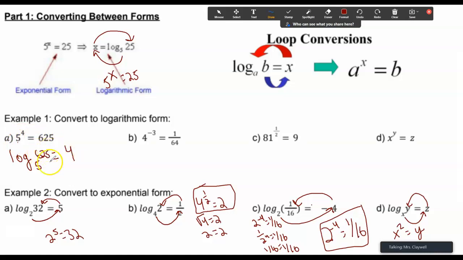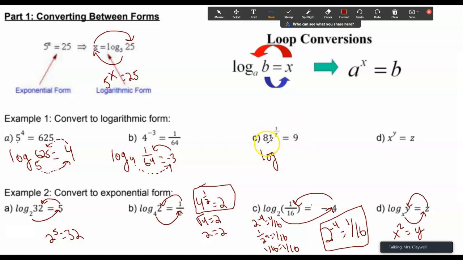And so if it's helpful to think, 5 to the 4th equals 625. This is a base 4. So 4 to the negative 3 equals 1 over 64.